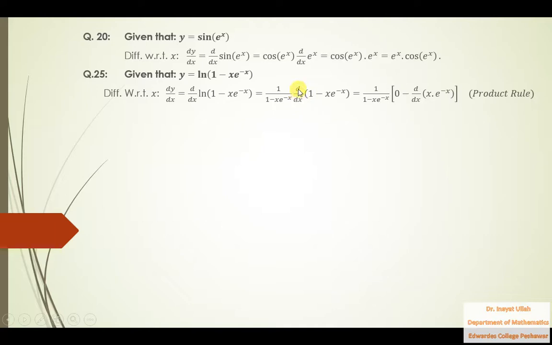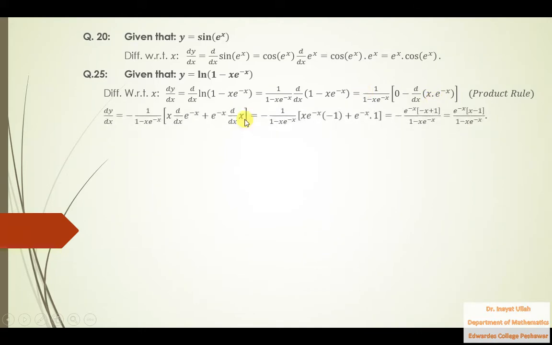Now multiply this d dx inside. The derivative of 1 is 0, and this is the derivative of x into e power minus x. Again we see that this is the product rule, x into e power minus x, so applying the product rule on this factor, we will get this equation.